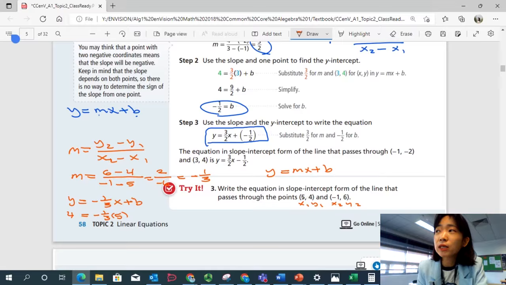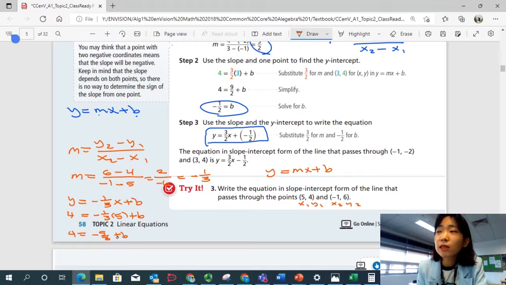Because that point, that coordinate pair, makes this equation true for all values on that line. So solve for b. You're going to multiply 5 times -1 over 3. And that's -5 over 3.